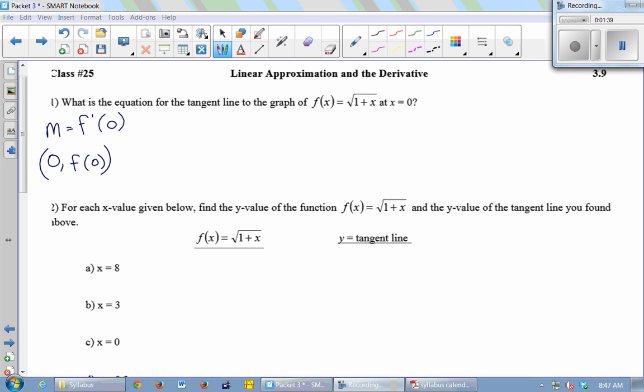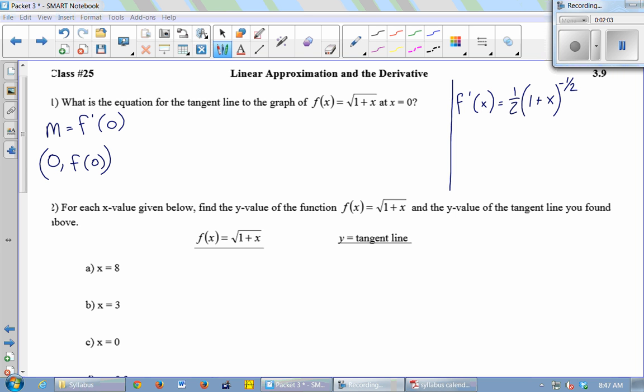Okay, so f prime of x, let's do that over here. I could think of that as 1 plus x to the 1/2 and apply the chain rule. So that's some stuff to the 1/2 power. So I'm going to have 1/2 times 1 plus x to the negative 1/2. But then I have to multiply by the derivative of the stuff.